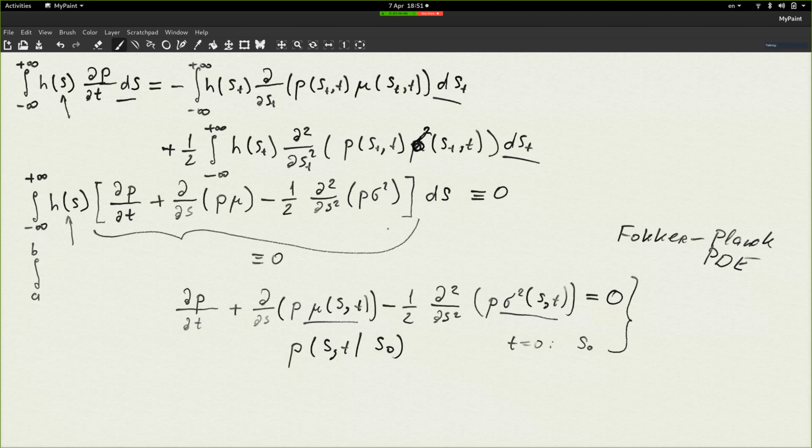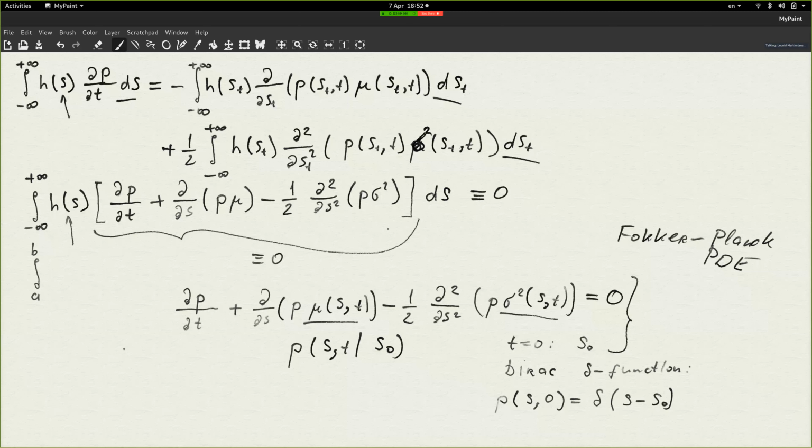If the value is deterministic, the probability density function is the so-called Dirac delta function, if you remember it. P of s at t equal to 0 equals delta function of s minus s0. What does it mean? A delta function is a spike.